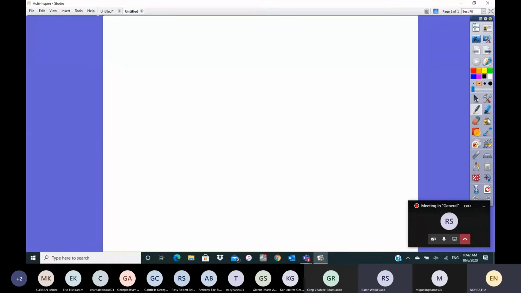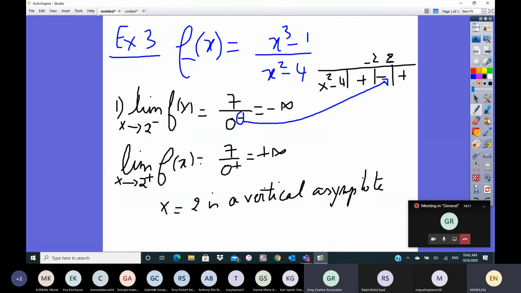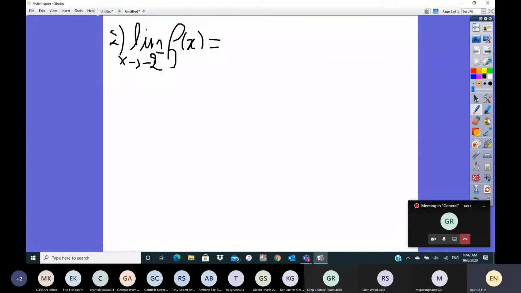Next question. Limit of f of x when x tends to minus 2 minus, which is over here. Minus 2 minus, so it's minus 9 over 0 plus, which is minus infinity.